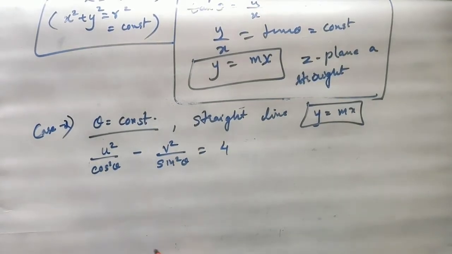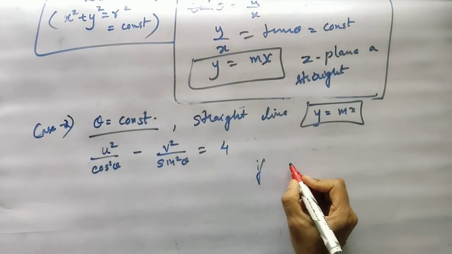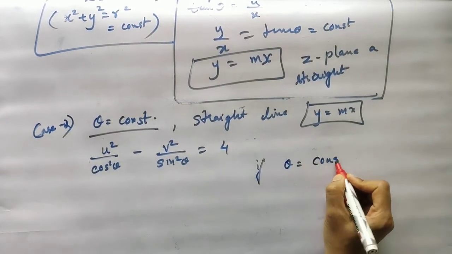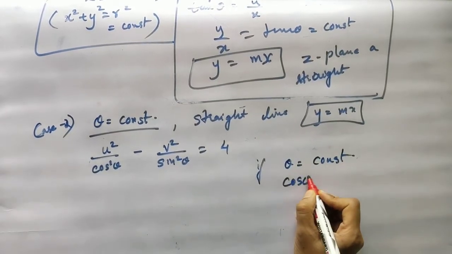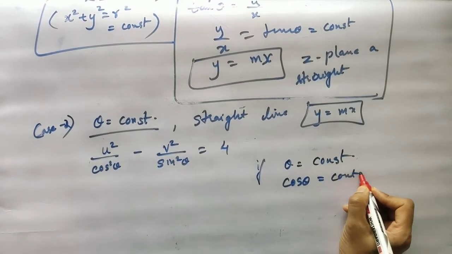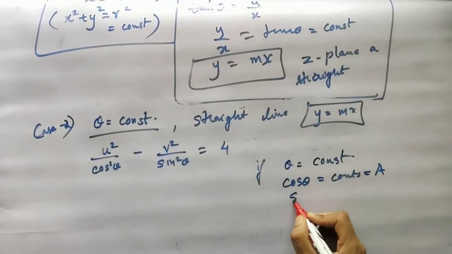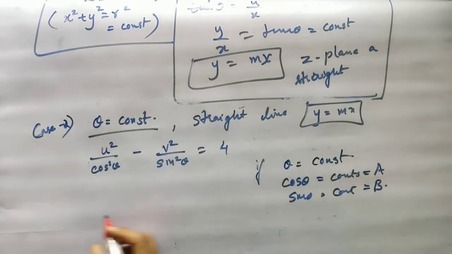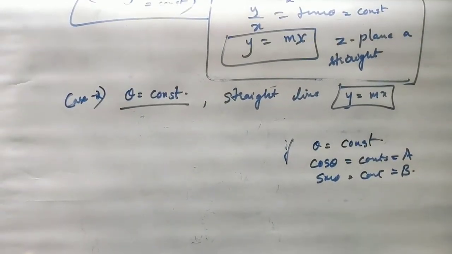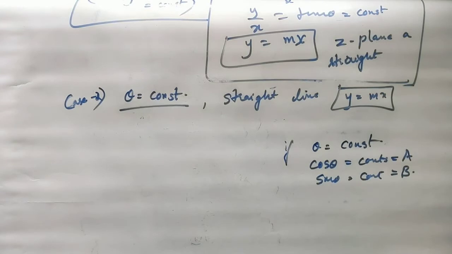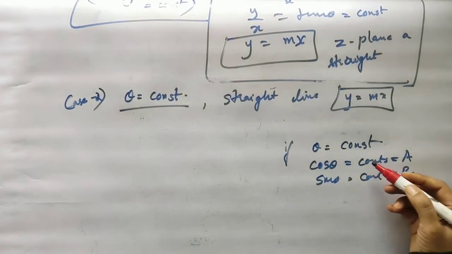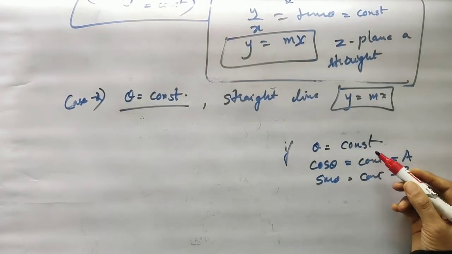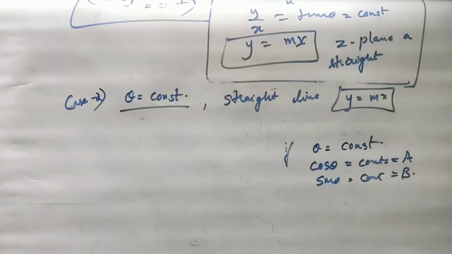So if theta is constant, cos theta will be a constant value, say A, and sin theta will also be a constant, call it B. When theta is constant, we have already discussed it will be a straight line in the z plane, y is equal to m into x. If theta is constant, cos theta will be constant and sin theta will also be constant.